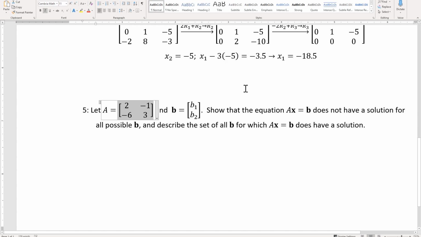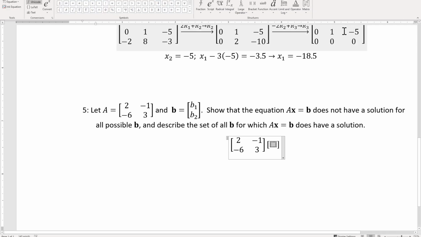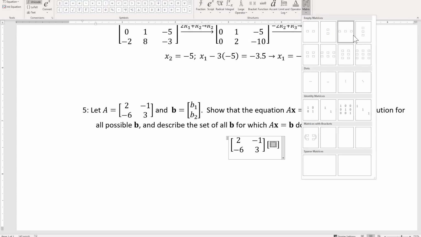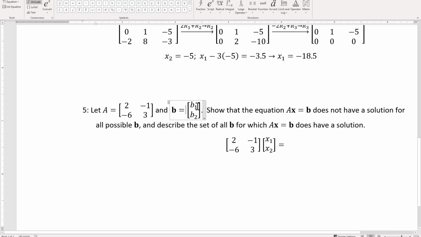Now, if we work backwards and describe what this equation means, this equation can be written as Ax equals b by writing this matrix times the x vector, so that's x1 and x2, is equal to the b matrix, b1 and b2.